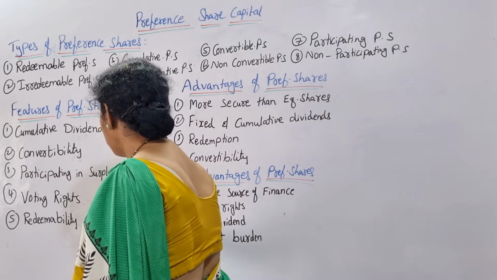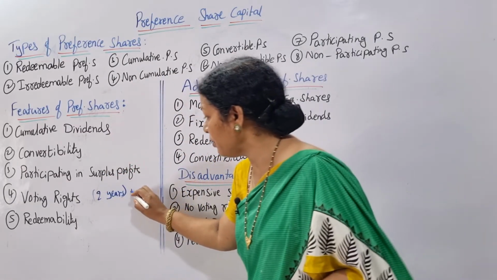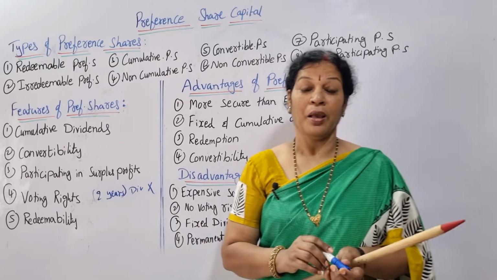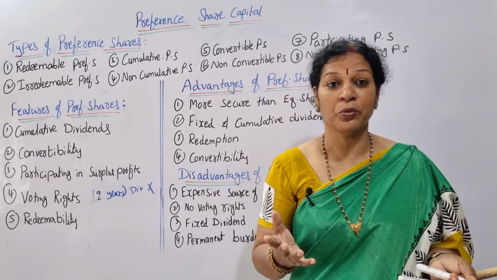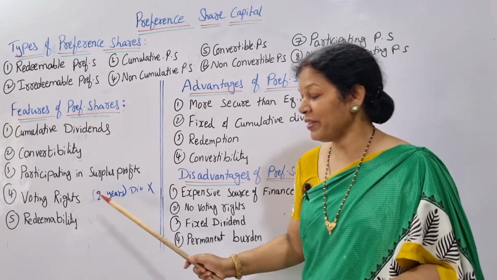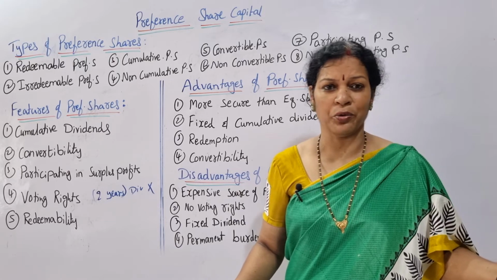In such cases, preference shareholders get the voting right, because the company has been unable to pay the dividend for the past 2 years. Otherwise, they don't have a voting right.